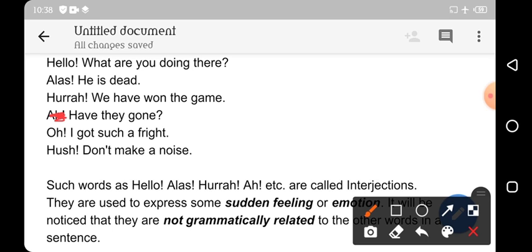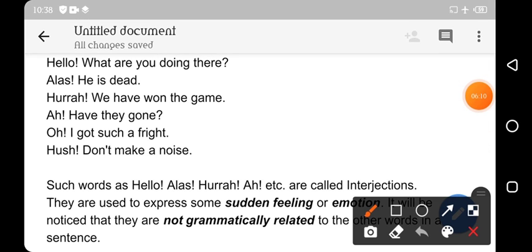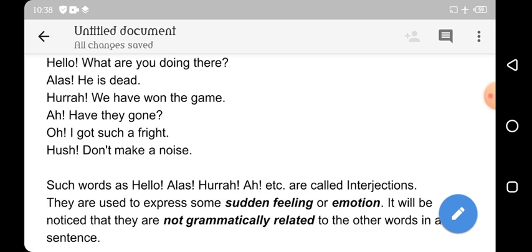Though we have removed the word ah, it still makes a complete sentence. But if we add this word, it shows us some sort of sudden feeling or emotion. It is only used for expressing emotions, and it does not have any grammatical relationship with the other words. All right. So I have written it here. It does not have any grammatical relationship with the rest of the sentence. All right.